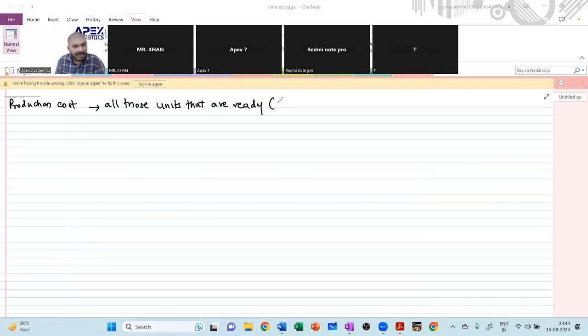They will comprise of materials and overheads. Now, saying only overheads is wrong. It has to be material and labor plus overheads, because conversion cost is that. So instead of writing labor plus overheads everywhere, I am going to use the word materials and conversion, because conversion is nothing but labor plus overhead.